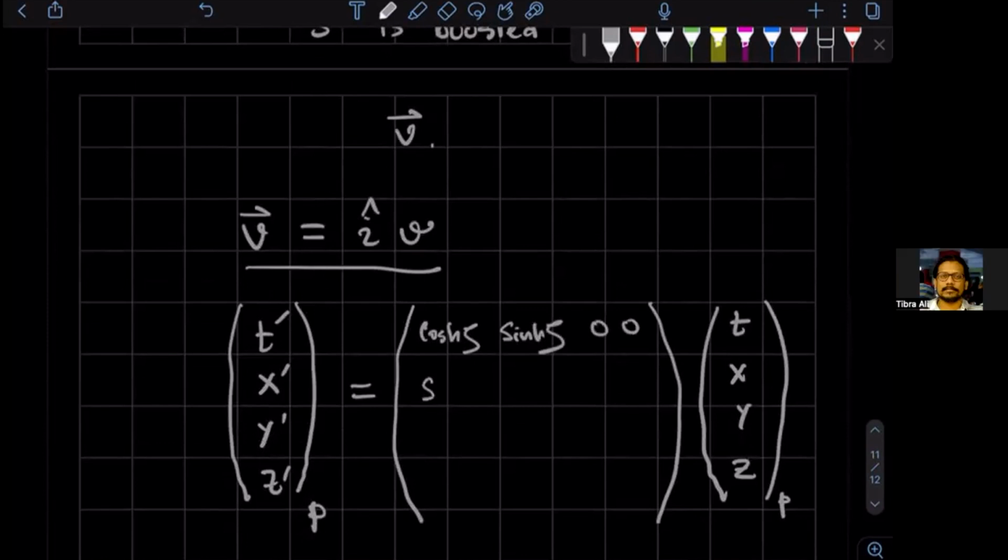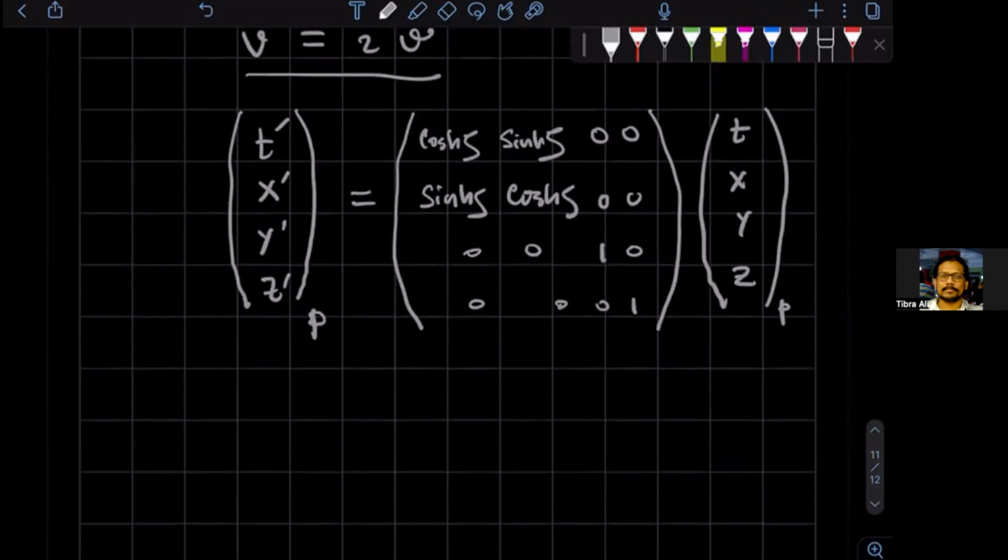Let me just finish this anyway. Okay, so these are the Lorentz boosts, where tanh of zeta is v. Okay?